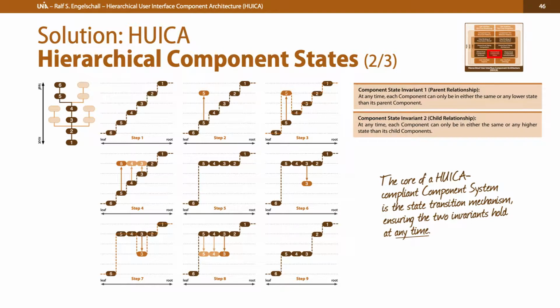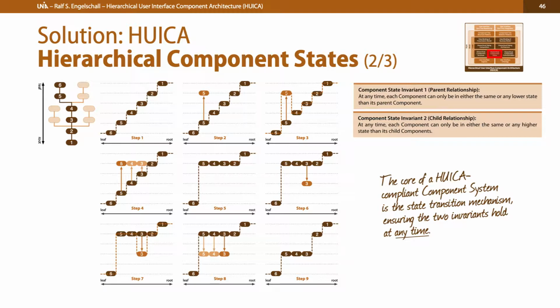In each of those diagrams, this path from component 1 to 6 is shown. The root component is on the right, the leaf is on the left, and from bottom to top we have the different component state levels.